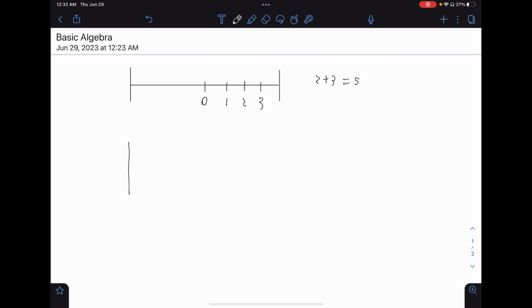Now, what if I gave you a different number line from a different world? The world where all of these numbers are variables of x. So we have x, we have 2x, 3x, and I told you to add 2x plus 3x. What would you do?